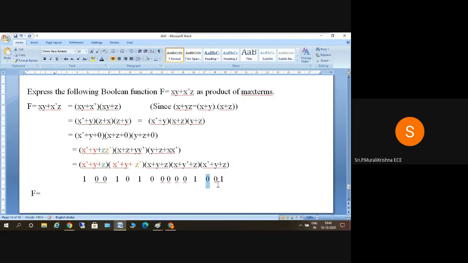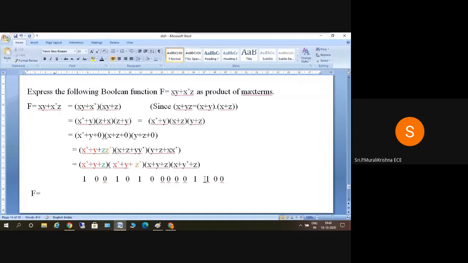So one is 1 0 0. So remove that also, so we are left with 4 terms here. So this is 0 1 0. So 0 1 0 is 2, then 0, 5, 4.